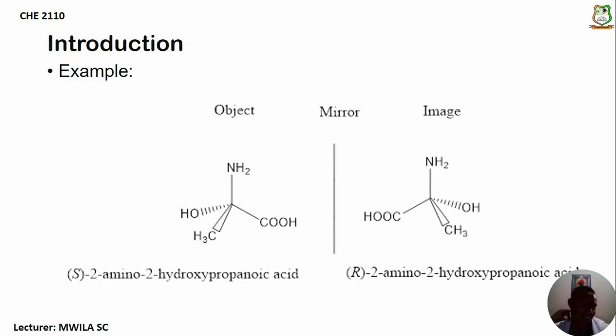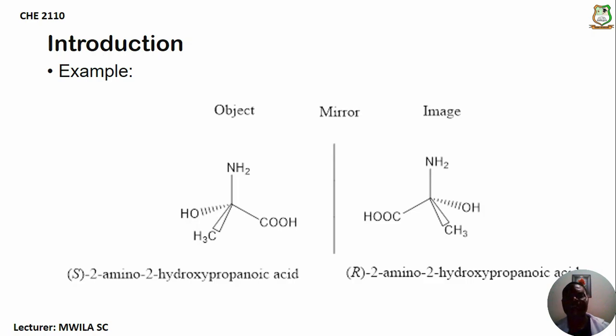It is pointing to us. Then the amine and the carboxyl group are in the plane of the computer screen. So this is an example of how we show molecules in 3D using various methods of projecting them.